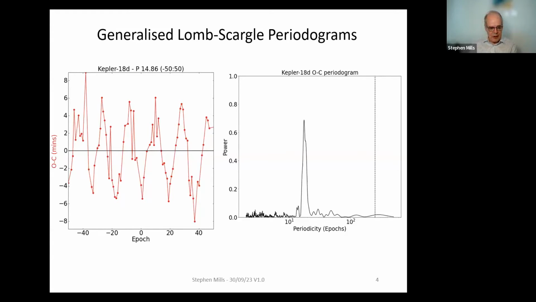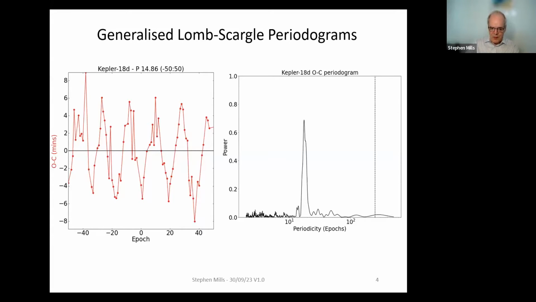So it's particularly good for this sort of exoplanet analysis, because you get some transit observations, but you don't get all of them. So you get irregularly spaced data. What you see on the left-hand side of this slide is the O-C, so the variation in transit time for the planet Kepler 18d.